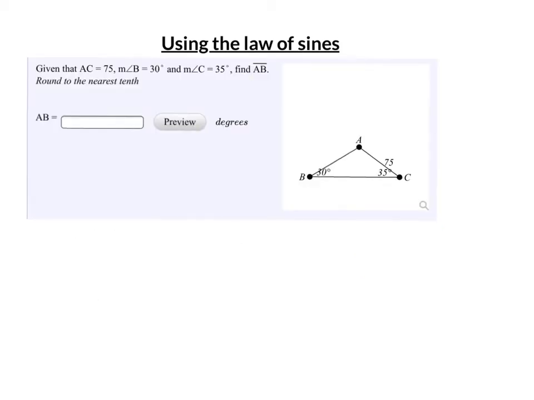In this question, we're looking for AB, so we'll call that x. Notice that we have an angle of 30 degrees and we have the opposite side 75. Notice that we have an angle that is 35 degrees and its opposite side is x. It's all about opposites. You need to have two pairs of opposites. Any one thing can be missing and you can solve for it.